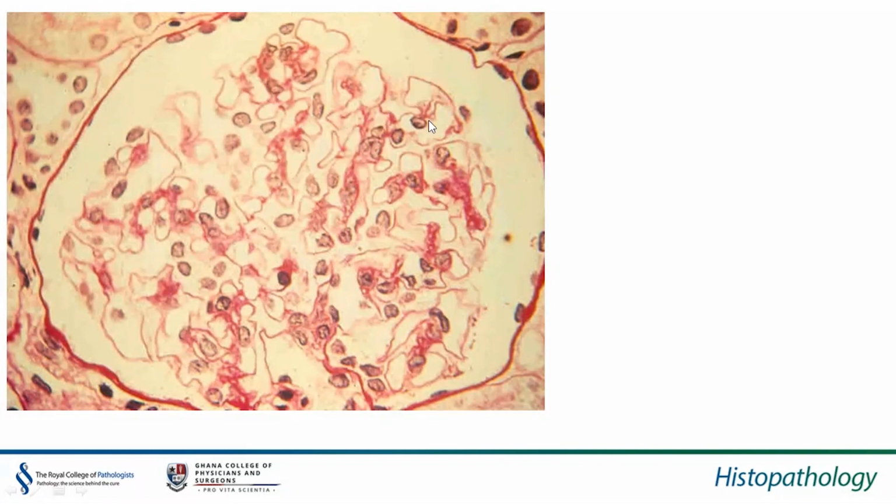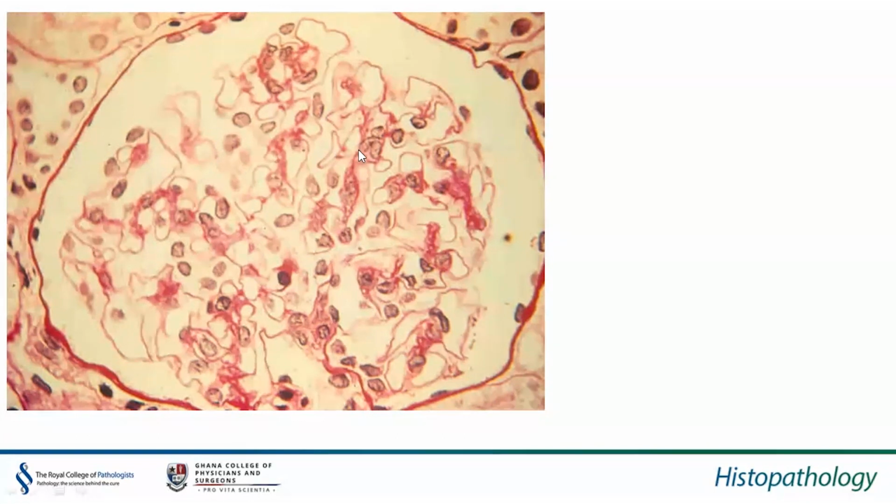The glomerulus normally has this degree of cellularity in a 3-micron section. You can have increased cellularity or glomerular hypercellularity due to an increase in the number of mesangial cells, or there may be an increase in the number of cells within the glomerular capillaries.